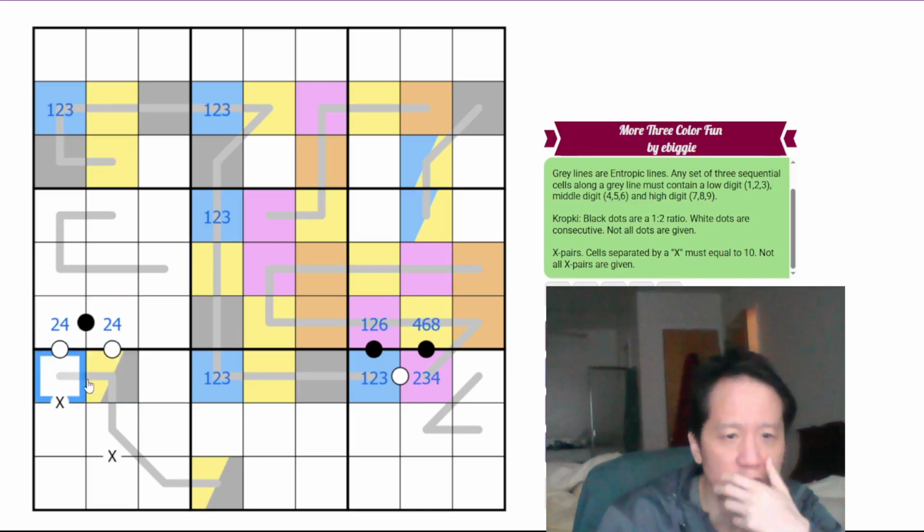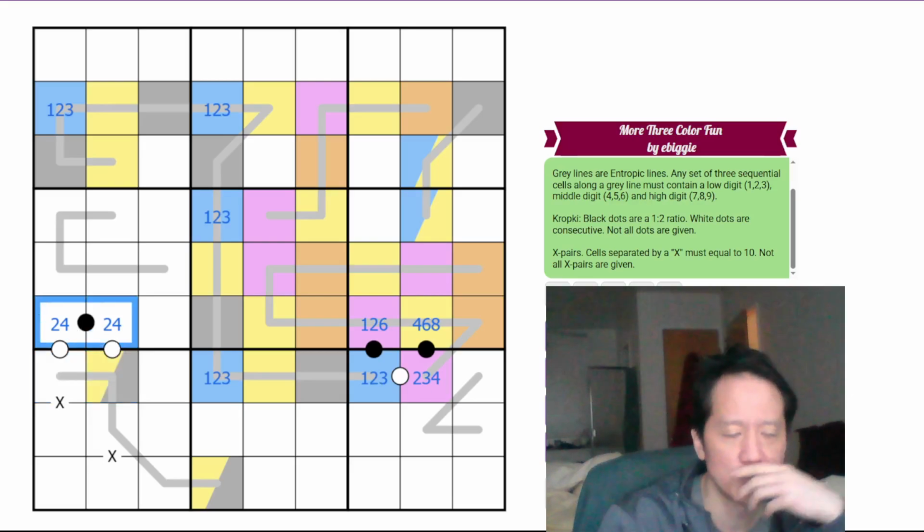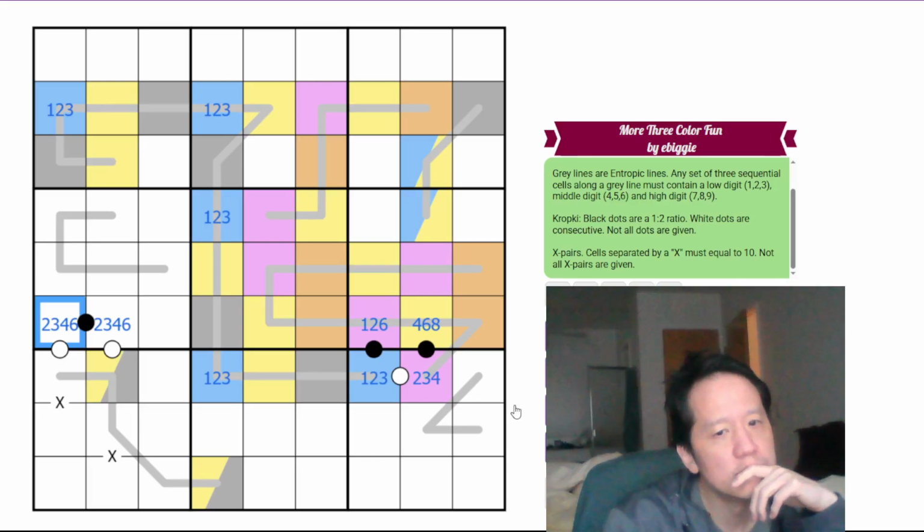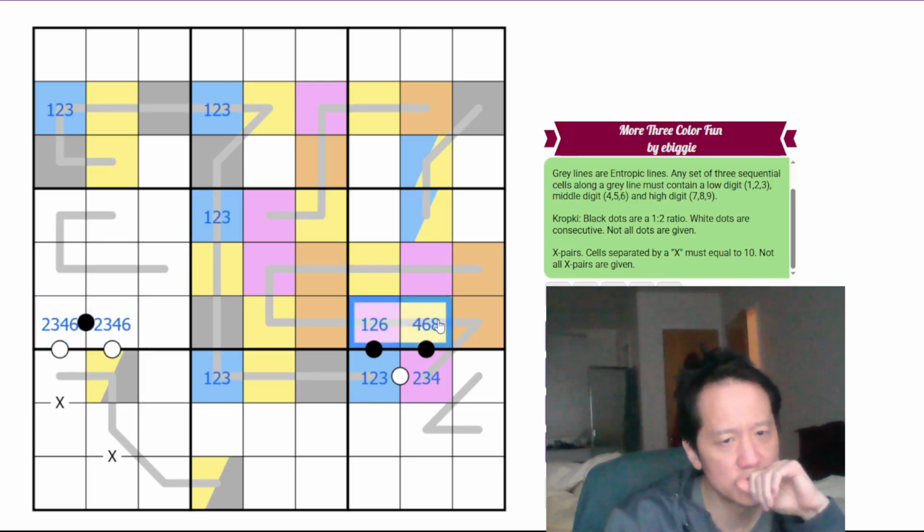It cannot be middle, middle, because that's not allowed. So 3 and 6 does work also. Well, that's interesting. How does this interact with this?